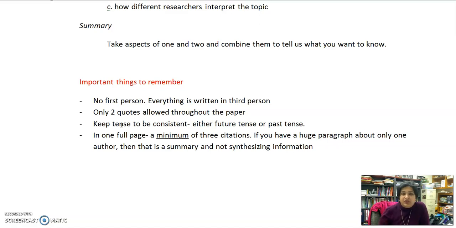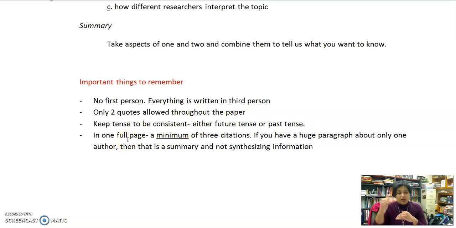I'm not very strict on the page limit, but at least make sure you've covered enough. It is all double spaced, not single spaced, in APA format. So only 2 quotes are allowed throughout the paper. Keep the tense consistent: either you write the whole paper in future tense or the whole paper in past tense. So those are things to remember.